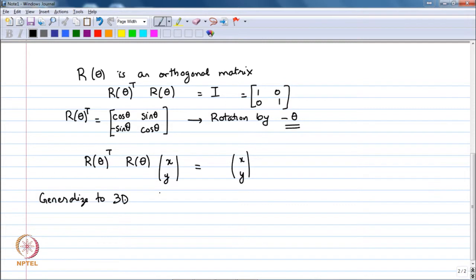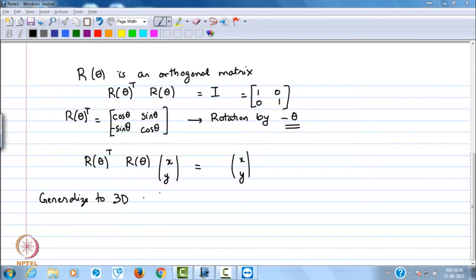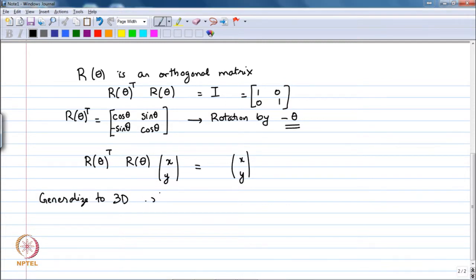Now, just imagine that you rotate a vector about the z axis by angle theta.